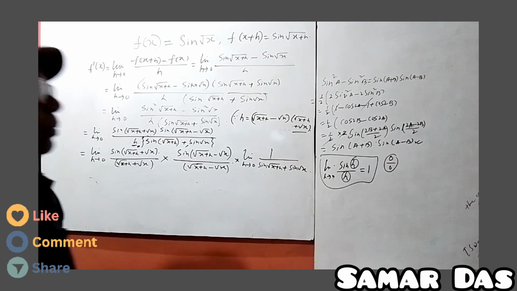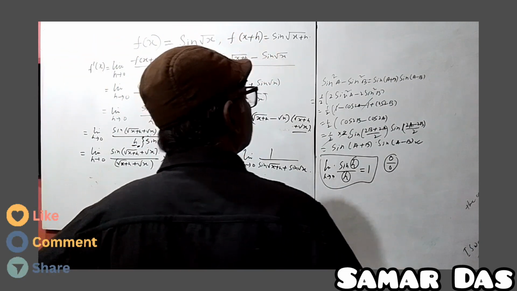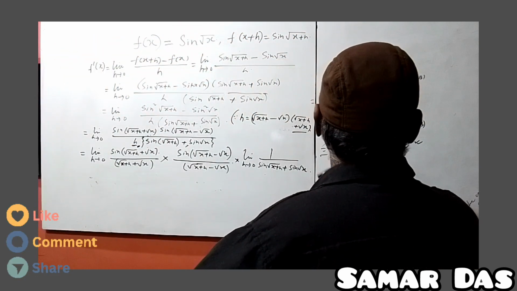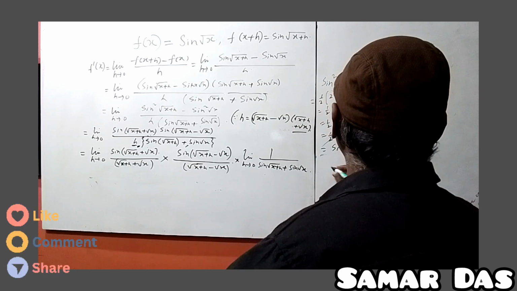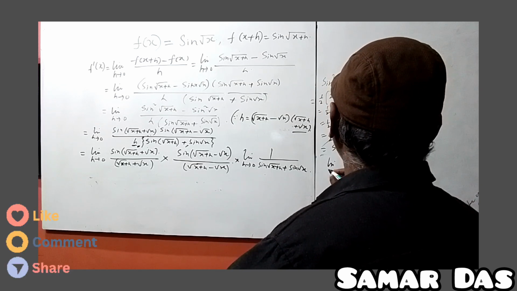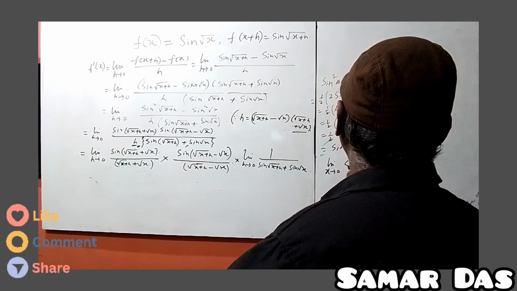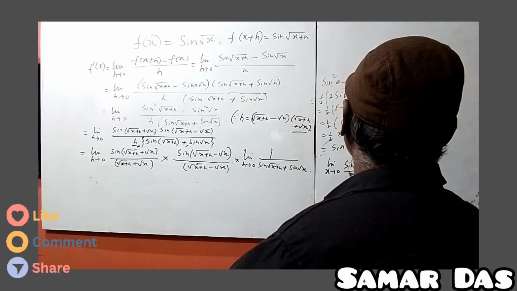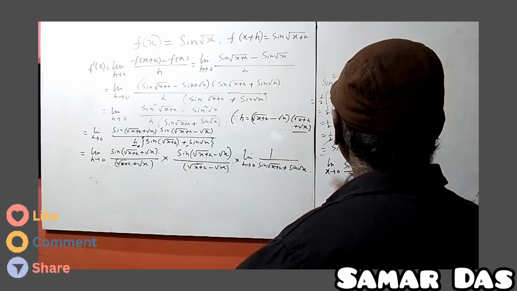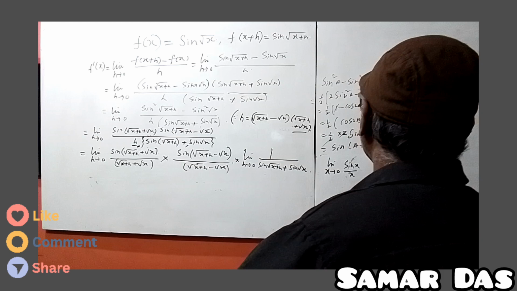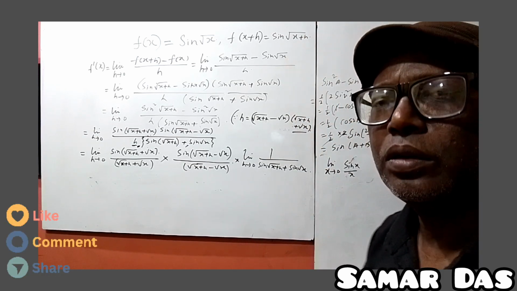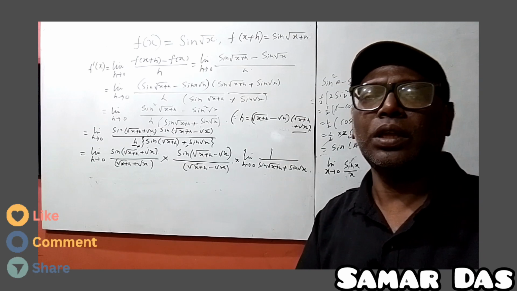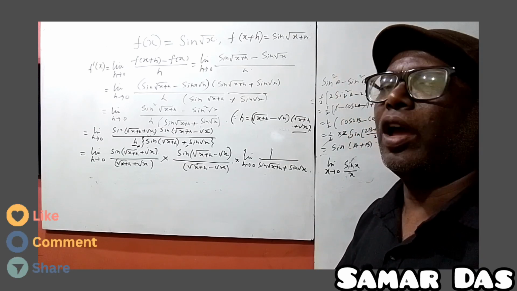According to the limit theorem, you know that limit x tends to 0 of sine x by x, if we put 0 here and here, we always get 0 by 0 form, so we can always get a finite value.